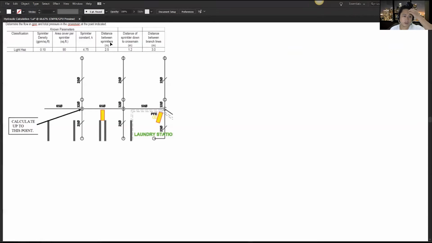The distance between sprinklers, so this one to this one, or this one to this one, is 2.5 meters. The distance of sprinkler down to cross main, so this one to this one, is 1.2 meters, and the distance between branch lines is 3 meters. So this is the branch line here, this is the branch line here. So again, that's 3 meters. Now, I have to draw a rectangular side.